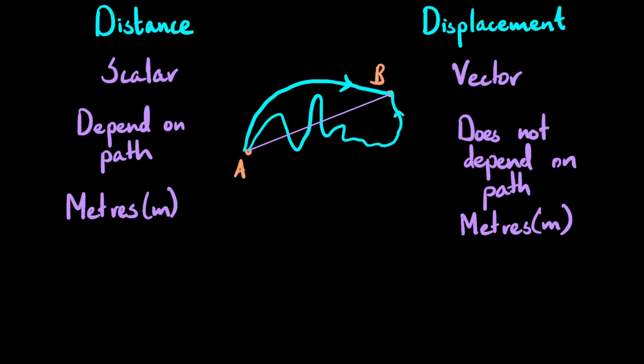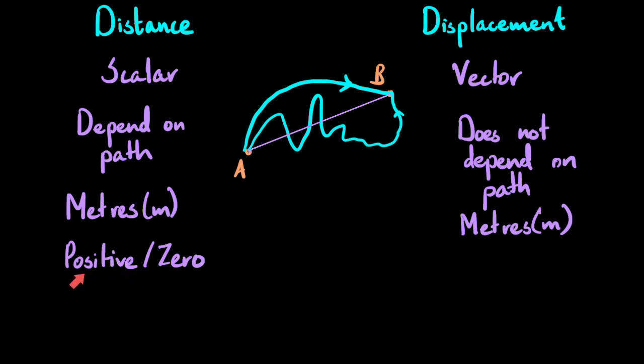Now some other differences that we saw in the examples above is that distance in itself can only be positive or zero. If an object has never moved since its inception, then it will never have traveled any distance. But even if it moves just a bit, even if someone comes along and nudges it, it will have moved some distance.